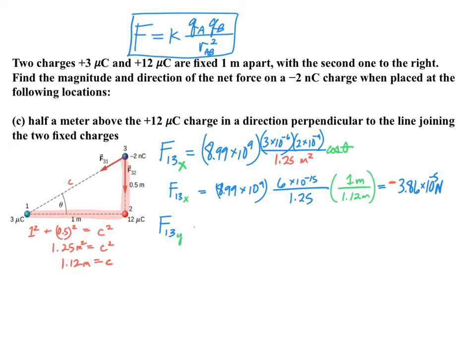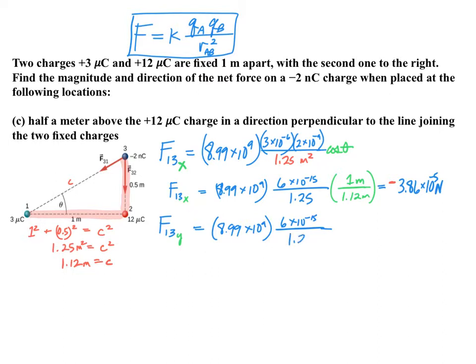So again, we'll have our Coulomb constant, and we could cheat a little here and just multiply. It's the same two charges, so it's still going to be this 6 times 10 to the minus 15, all right?